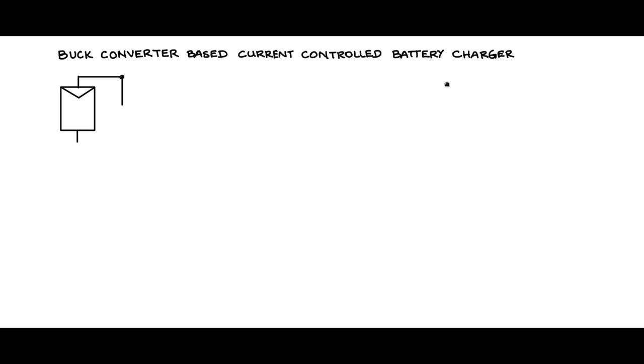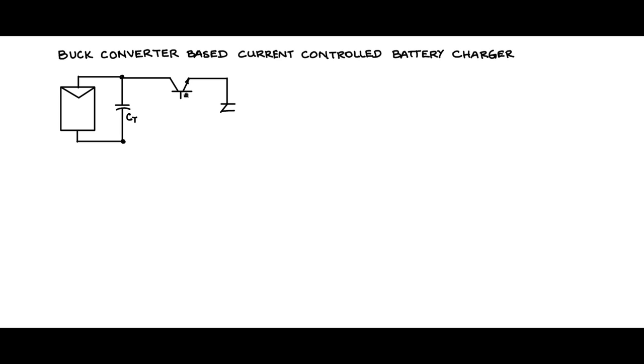You have the PV module, the PV panel, connected to a buffer capacitor CT at the terminals, and this is followed by a buck converter. So I have a BJT switch.